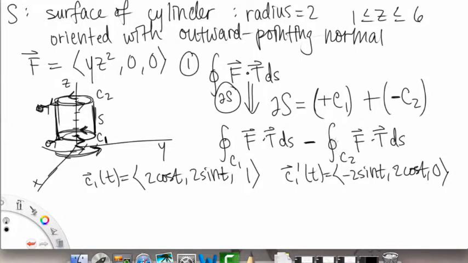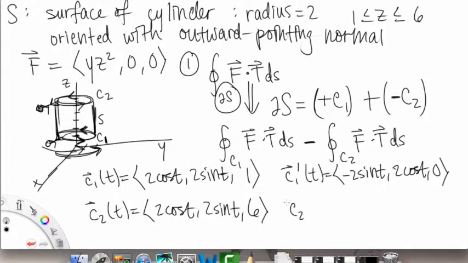The top curve, C2 of t, is going to be the exact same thing, because we have the same circle at a different height. So it's 2 cosine t, 2 sine t, and this time the height is a constant 6.